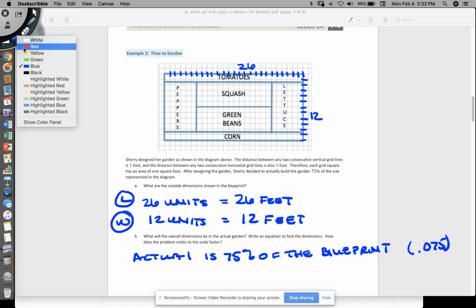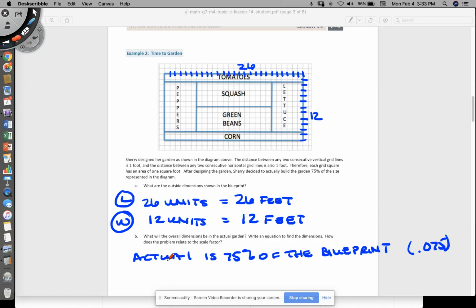So she went to build this and wanted to know how many feet do I really need to build this up. So I'm going to say 26 times 0.75. She's going to need 19.5 feet in her length, and 12 times 0.75, she's going to need 9 feet for her width. So this is the size of her actual garden.